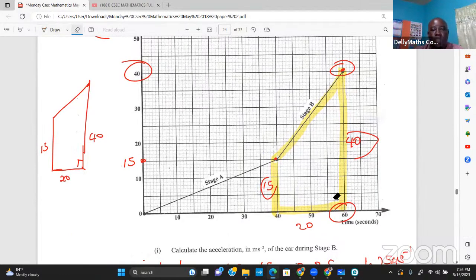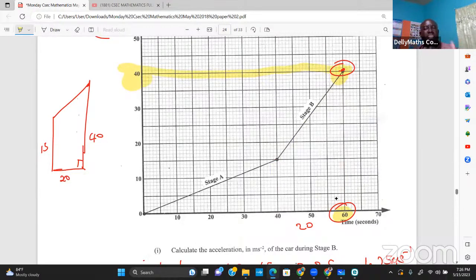Let me clear up the diagram so that we can take a good look. What is my speed at 60? At 60 seconds, my speed is 40.